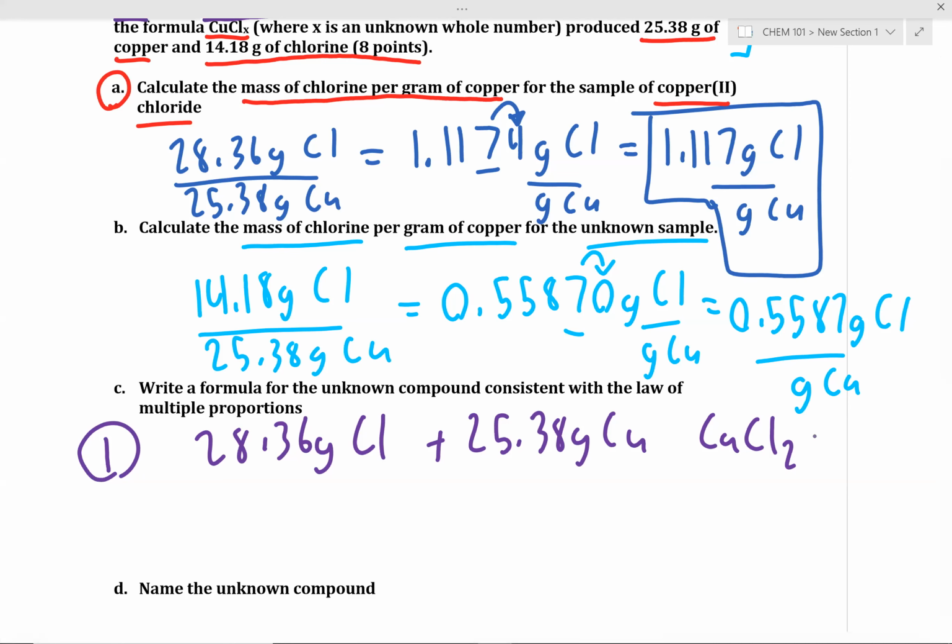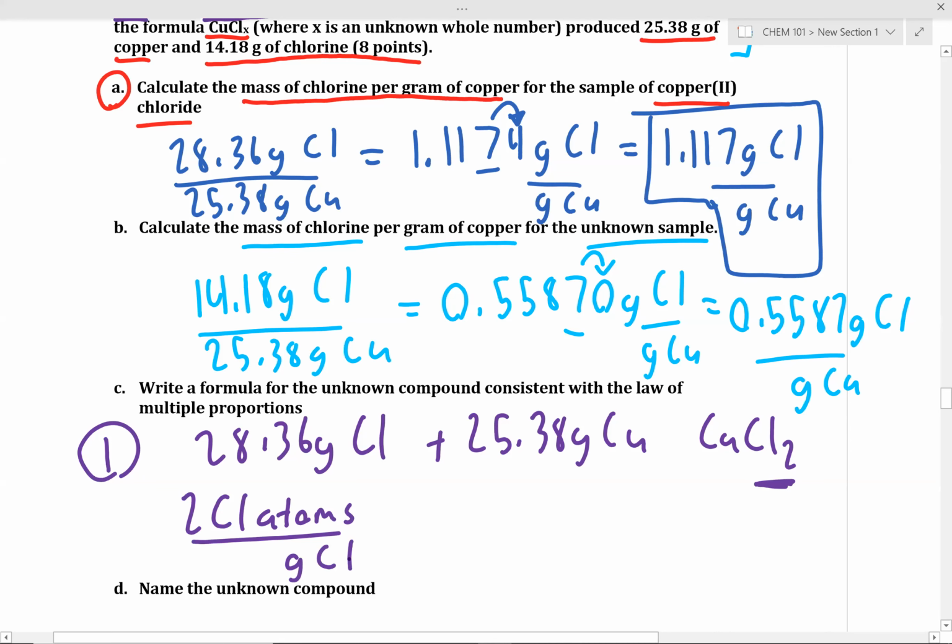So now, we know that we have how many atoms of chlorine? 2. So we have 2 chlorine atoms per how many grams of chlorine? 28.36.